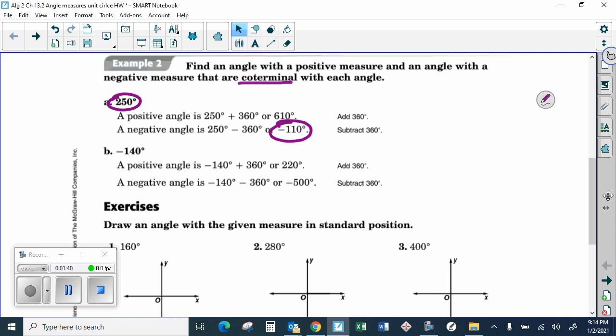Okay. And don't forget, I could come up with 250 degrees over and over. Same terminal side, coterminal, meaning that if I add 360 to it or subtract 360 from it. Negative 140, we're going back negative 140, or I can go in the positive direction, 360 minus 140, which is 220.